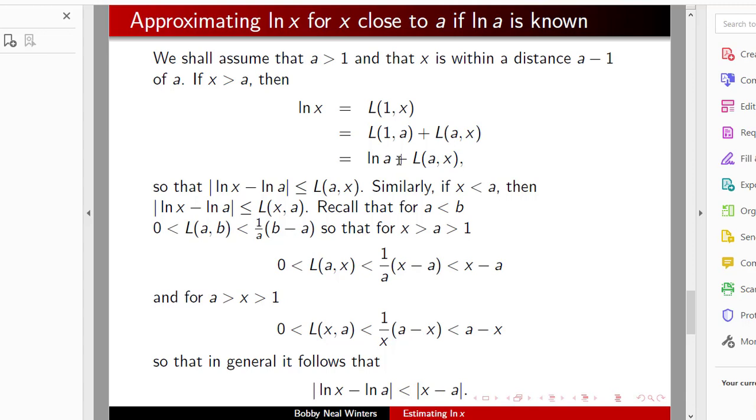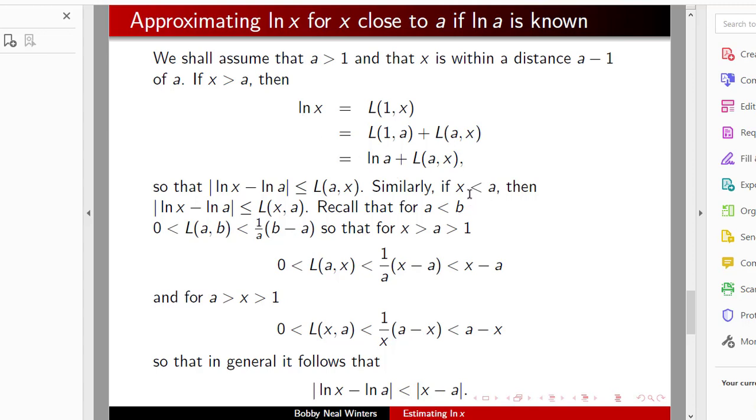When I do so, I get a positive number. I'll put an absolute value around this just because I'm trying to get a formula that's symmetric. And so the distance of the natural log of x from the natural log of a is never any bigger than L of [a,x].